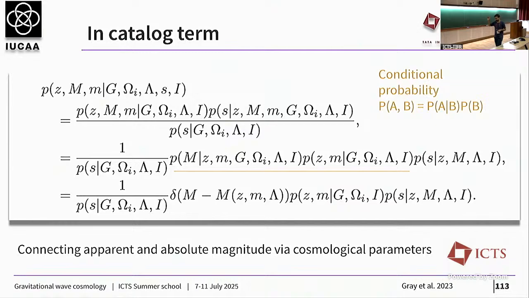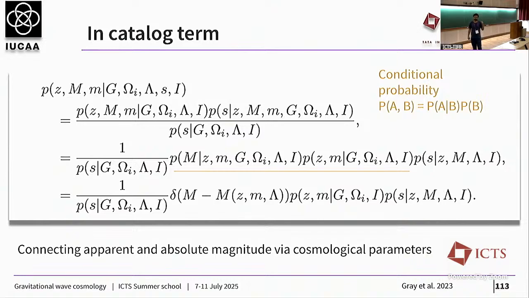The main cosmological information that comes from any of these analyses is related to a term called the redshift prior, because you can measure the distances of events based on the gravitational wave data, but you don't know the redshifts.